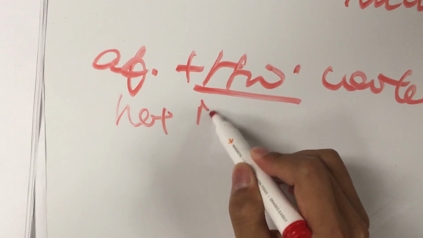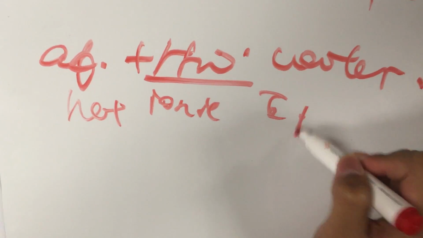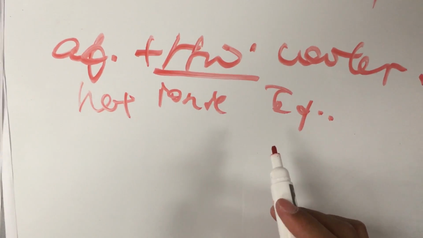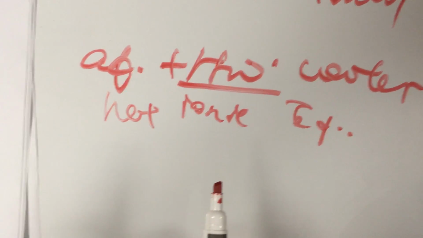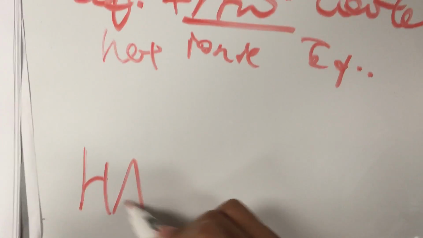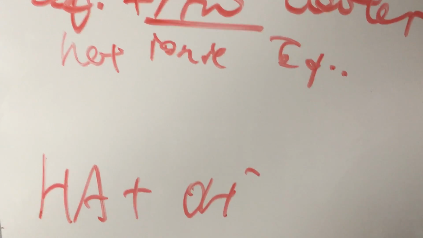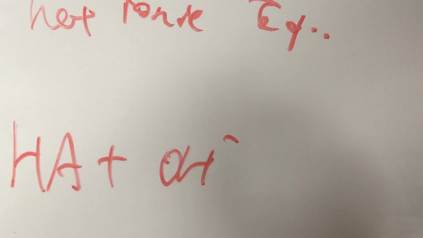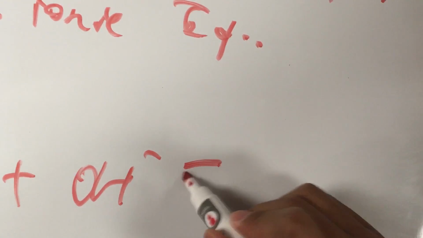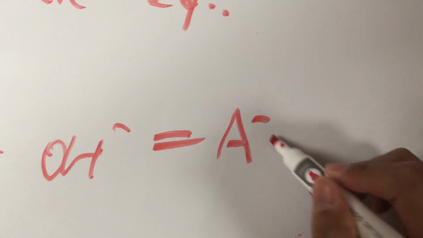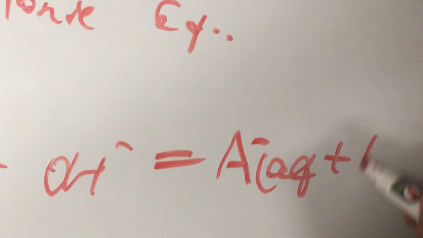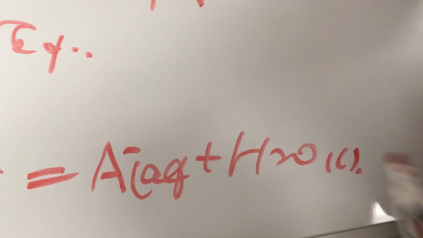As we know, the net ionic equation should just include the ions that react in this reaction. So it should be HA plus OH minus, the hydroxide, which will produce A minus aqueous and H2O liquid.